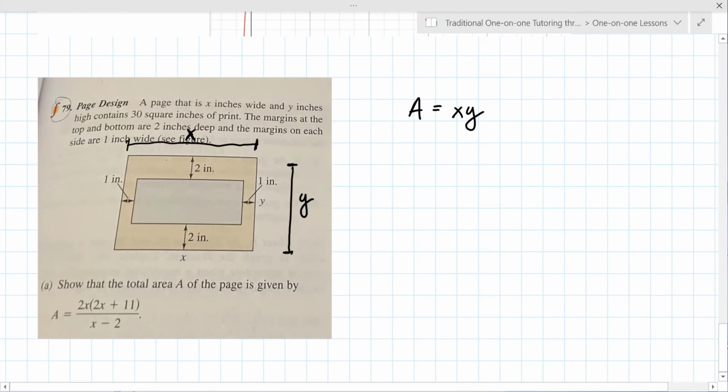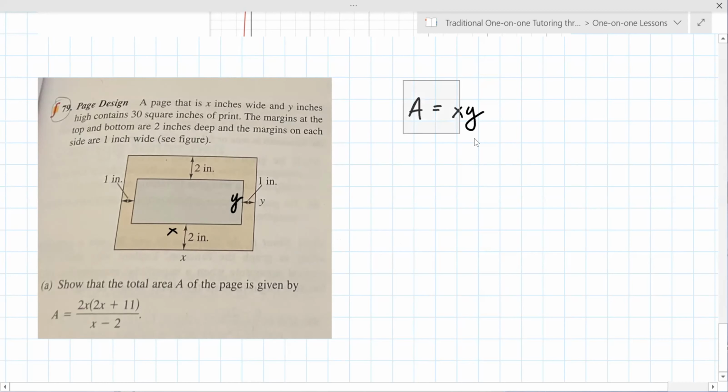They actually want the area of, I guess, 30 square inches per the margin of the top. Oh, I'm sorry, they're saying this is X. I mislabeled this. I have to read these pictures more carefully. Okay, they're saying this is X and this is Y.